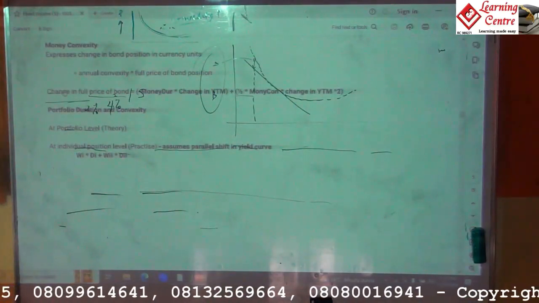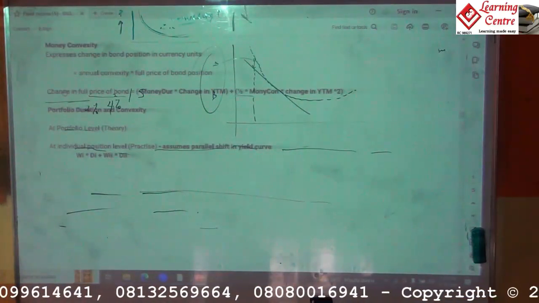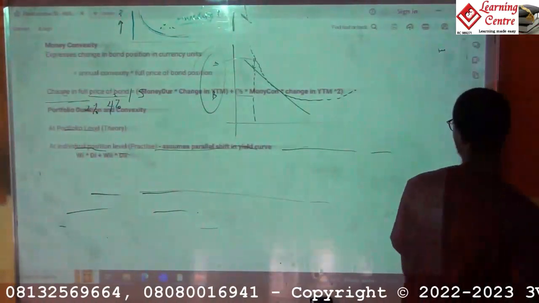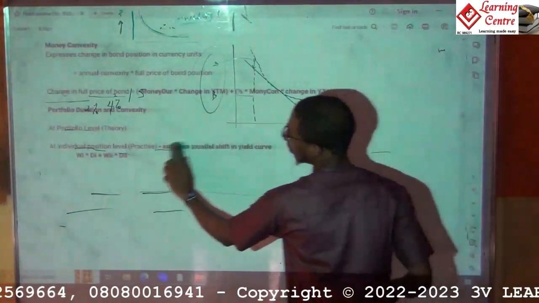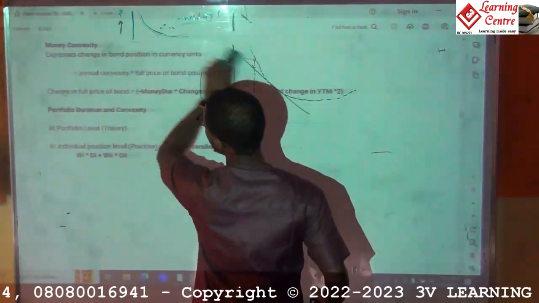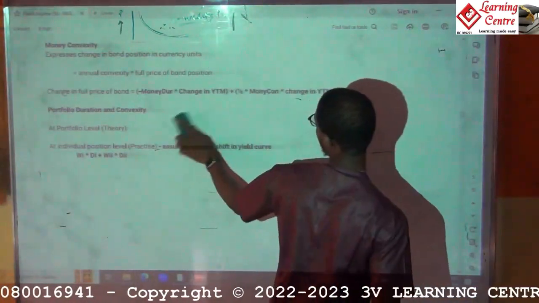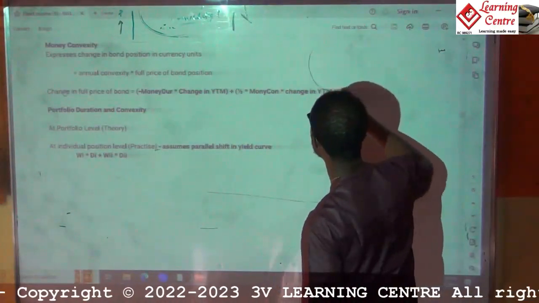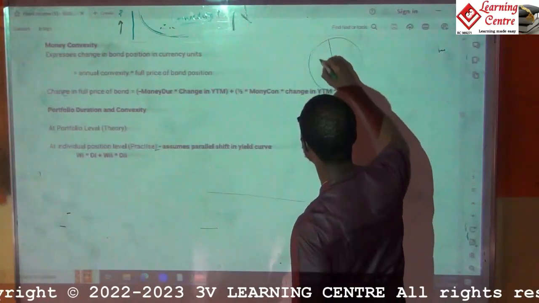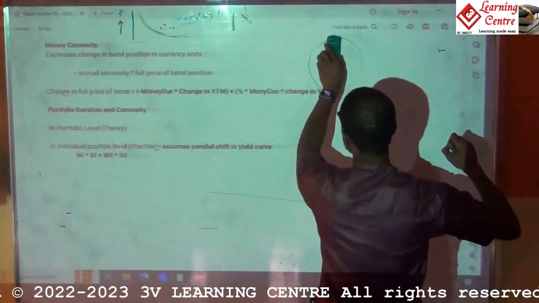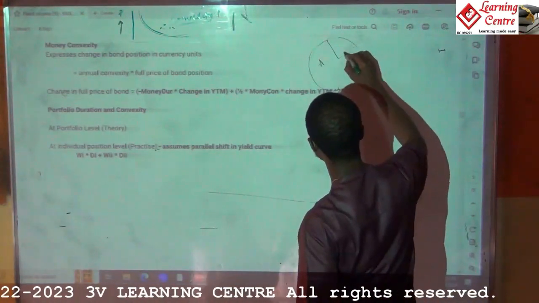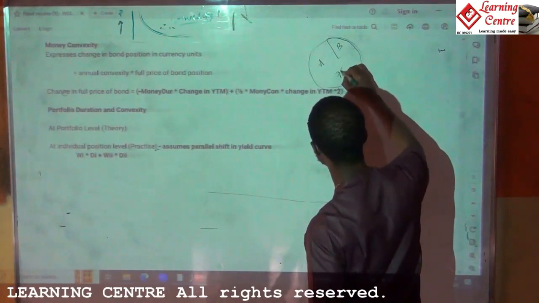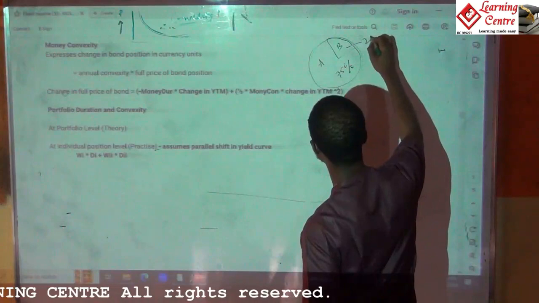So, if you then want to say, what is the overall impact on my portfolio? We have done that at the individual bond level. If I have a portfolio that has bond A and bond B, bond A is 75% of the portfolio, bond B is 25%.